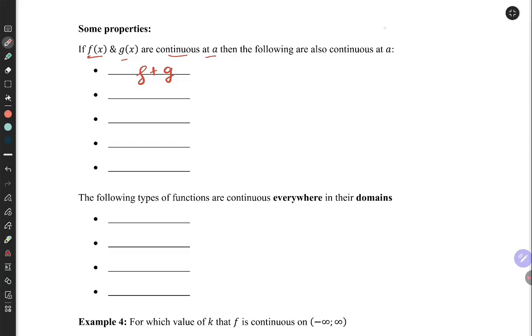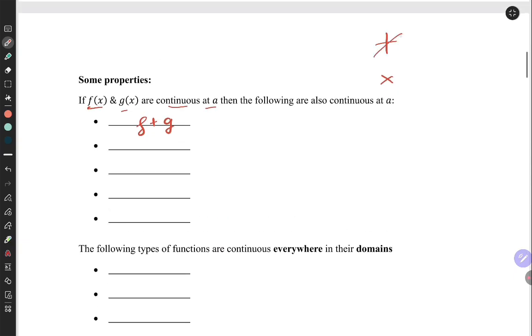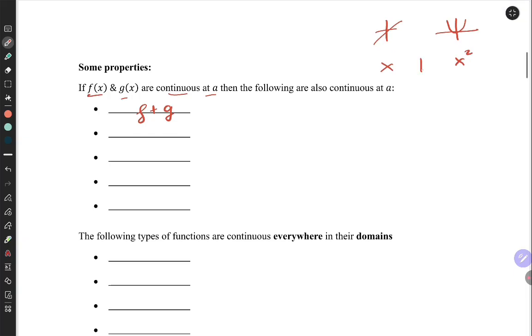Really simple. If you have x, that's clearly continuous everywhere, and x squared, each one of them is continuous. I know for sure that the function x plus x squared is also continuous, without analyzing anything.